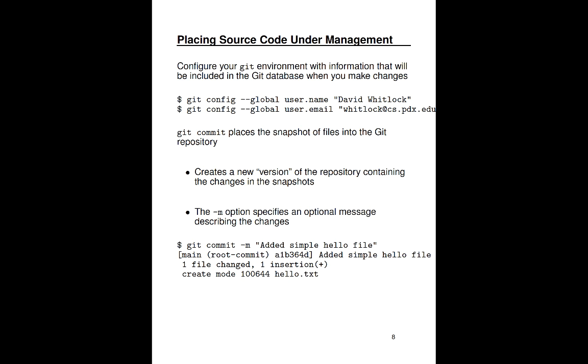It says it changed one file and that there was one line inserted because hello.txt contains one line, and then provides the name of the file and tells you the create mode. That's nice. But the whole idea here is that you've now made a change to your Git repository, and the git command is giving you a little information about it.